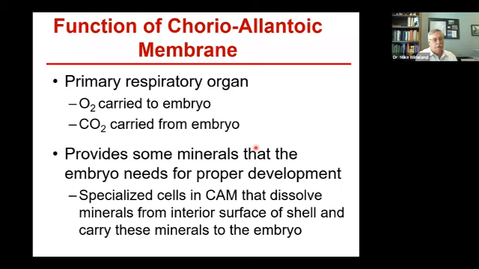And in reverse, the CO2 that's being produced by the embryo is going to be carried to the inner surface of the shell where the chorioallantoic membrane is, and then the CO2 will diffuse out through the pores. It also has a function of taking some minerals from the inner surface of the shell and carrying them to the embryo for what minerals the embryo needs during development.